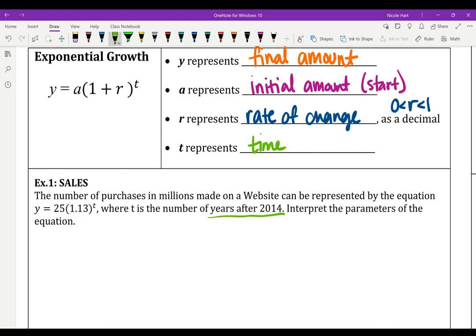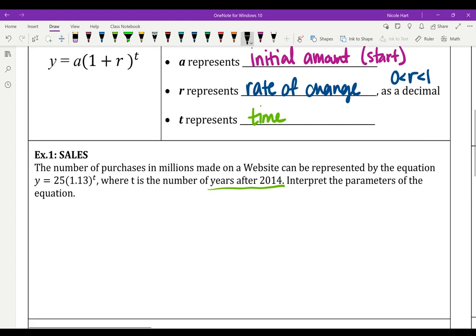We're just identifying what all of the pieces are. So I'm going to rewrite my equation. So we have y equals 25(1.13)^t. Now we know t is going to be time, and it seems to be in years.